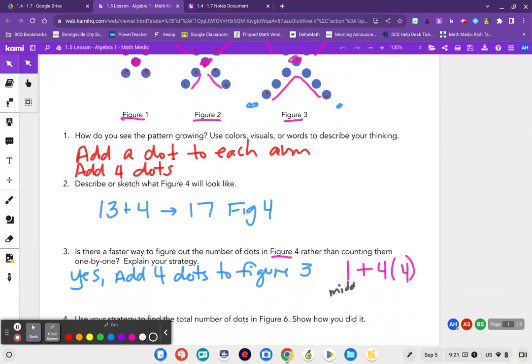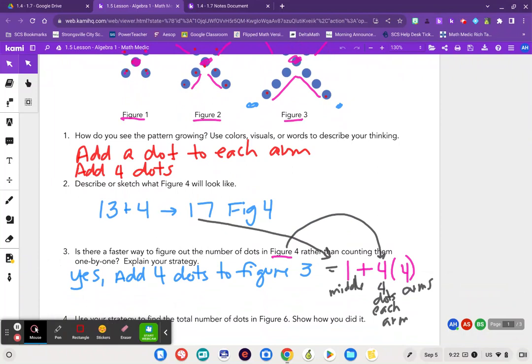So 1 is the dot in the middle. 4 is 4 dots per each arm because I'm in figure 4. And 4 here is the number of arms that I have. And so if I do 1 plus 4 times 4, I get 17. So I could either keep adding 4 dots, or I can use some operations to observe the pattern.